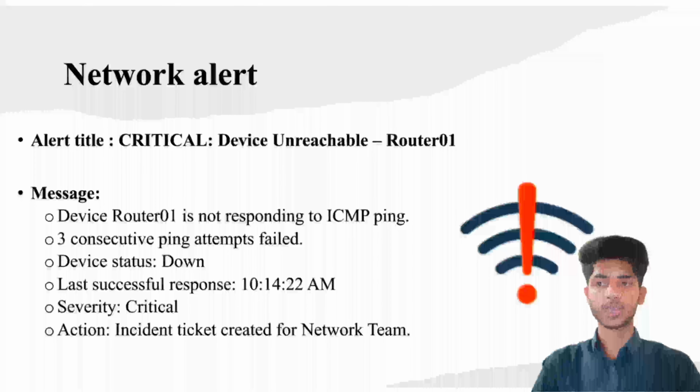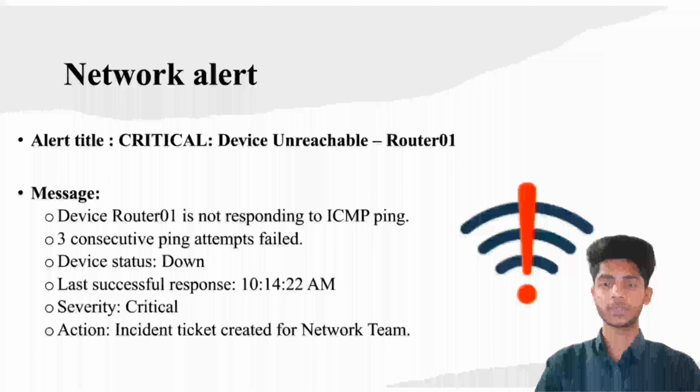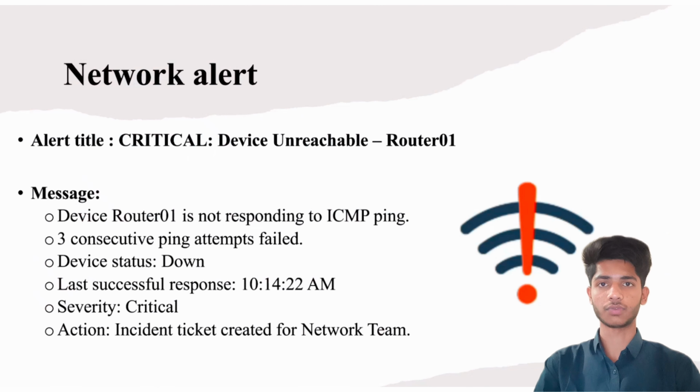There will be an alert title saying it is a critical alert that the device is unreachable, and in the message it will say that the router is not responding to ping. The monitoring tool tried to reach that network device 3 times, but all 3 pings failed. So our monitoring tool considered that this network device is down, and from these details the tool will create a ticket and assign it to the network team, and the network team can look into it.